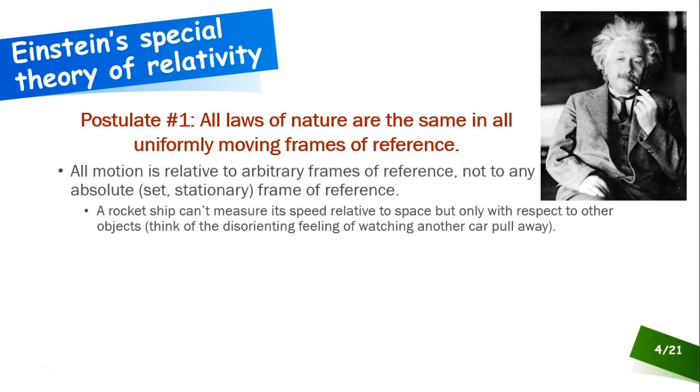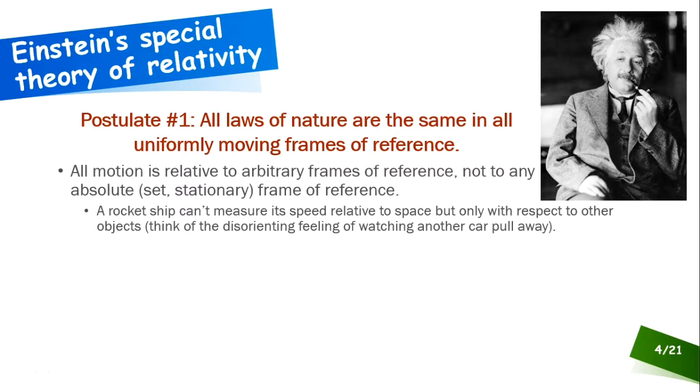So if you're aboard a rocket ship, you can't measure the speed of the rocket relative to space. You can only measure the speed of the rocket relative to other objects. Okay? To imagine what this is like, think of the disorienting feeling of watching another car pull away.